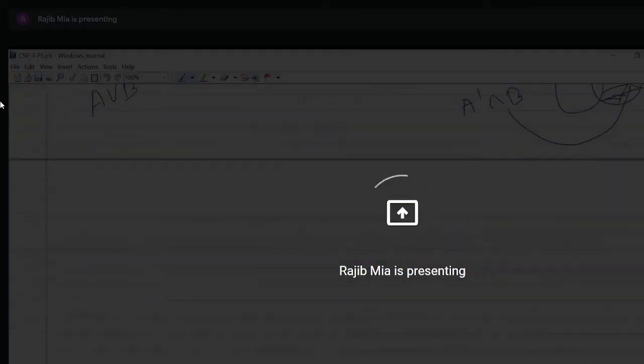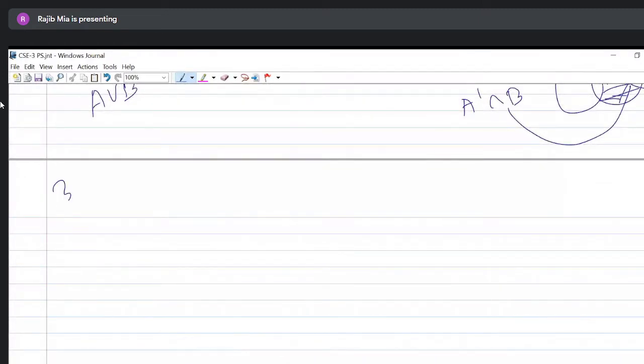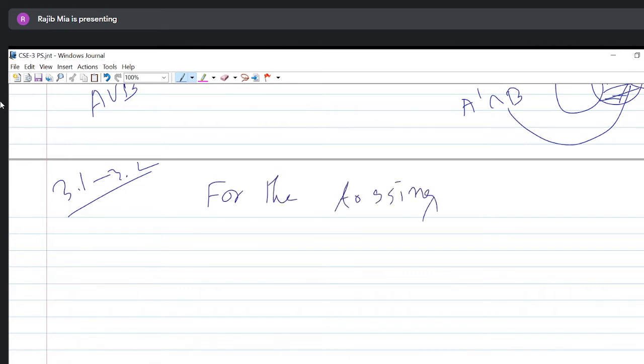Suppose a random experiment is the tossing of two coins. What is the sample space here?